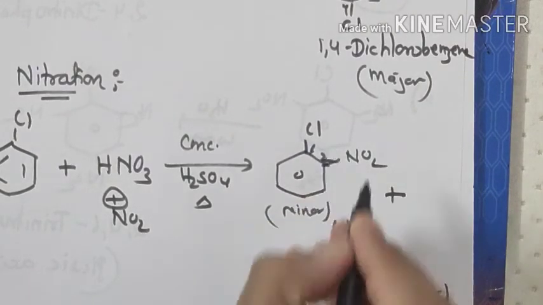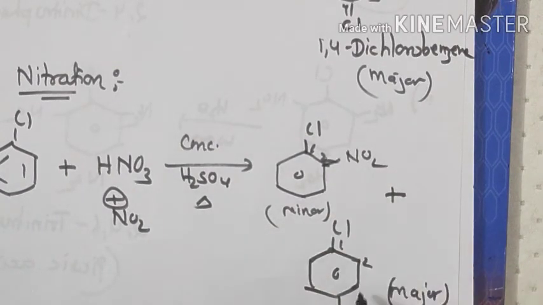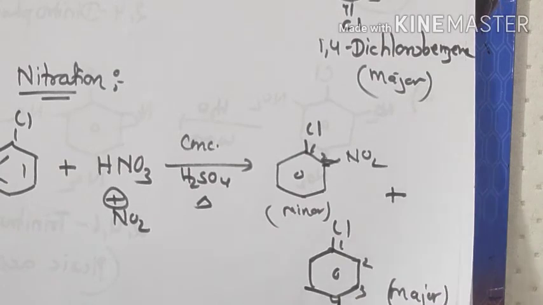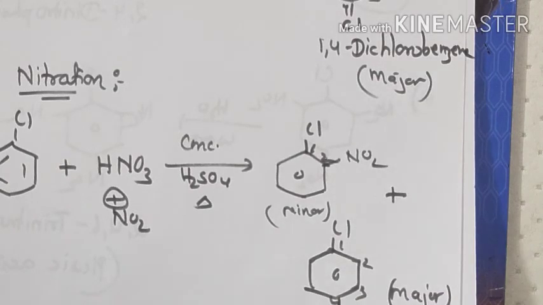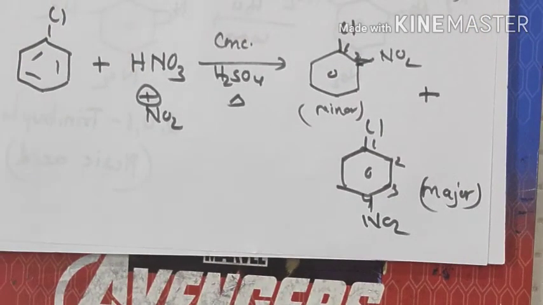This will be 1-chloro-2-nitrobenzene, numbering 1, 2. And this will be 1-chloro-4-nitrobenzene, numbering 1, 2, 3, 4, right?